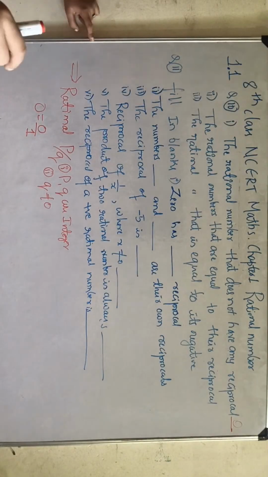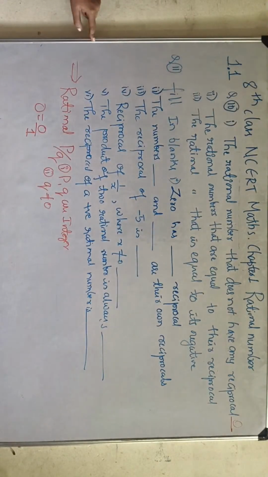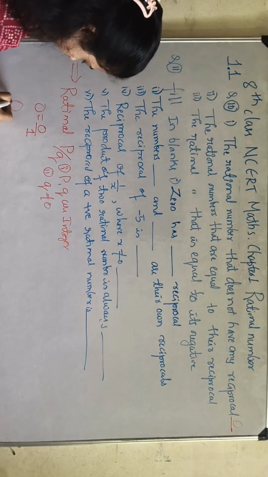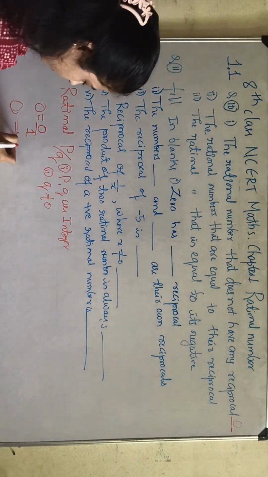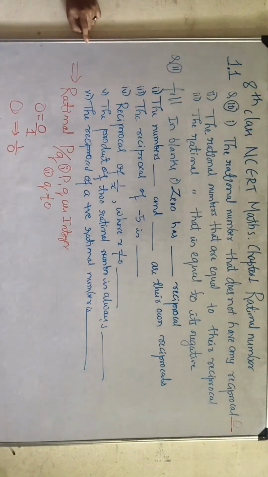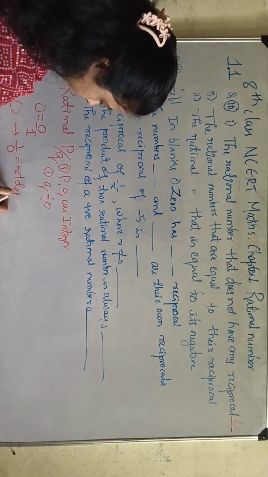Now, the rational number that doesn't have any reciprocal: 0 doesn't have any reciprocal. How? 0 is a rational number. If I want to write the reciprocal of 0, how will I write? 1 by 0. Here, 1 by 0 in maths is a not defined term.